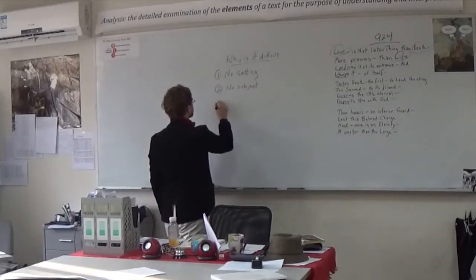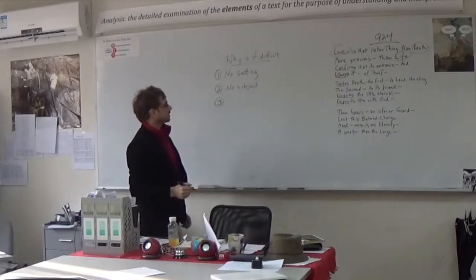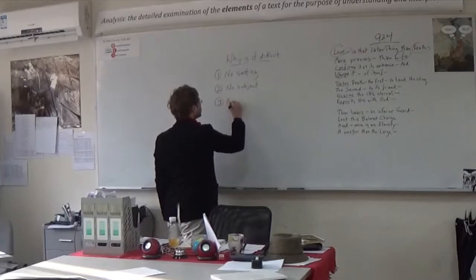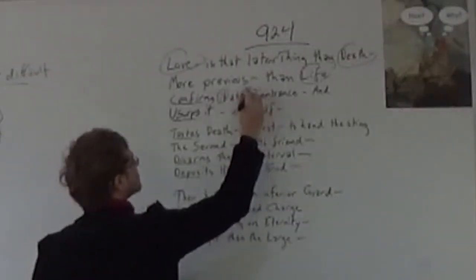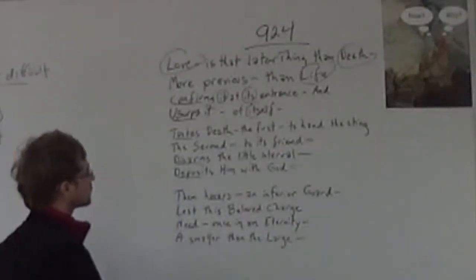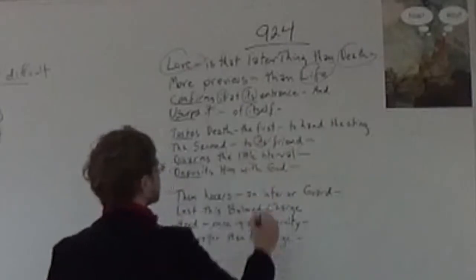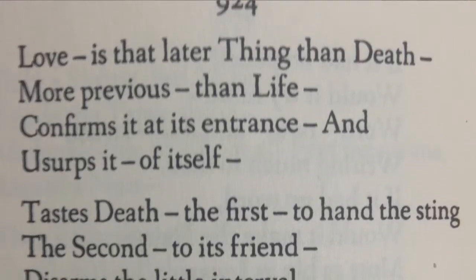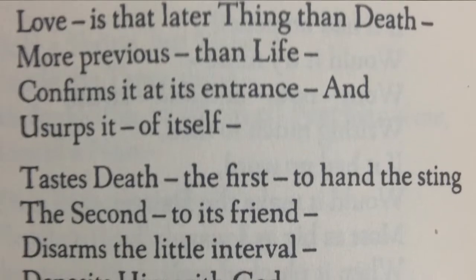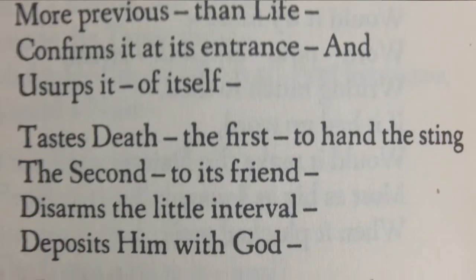And then third, what I noticed is that there's just a lot of ambiguity caused by, yes, these impersonal pronouns. We're not sure what the antecedents of these pronouns are. We have phrases like the little interval, the friend, the inferior guard, the charge.